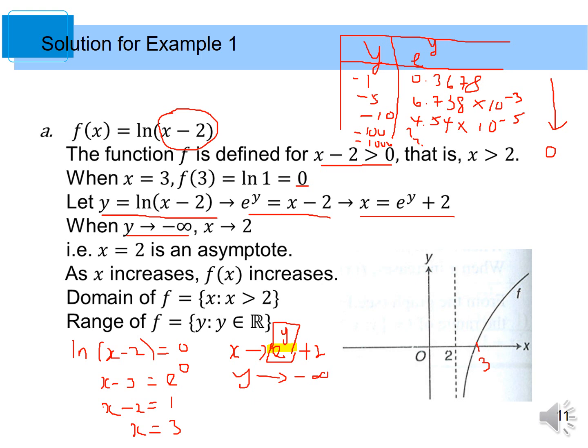So we can write x tends to 0 plus 2, and x tends to 2. So we obtain the asymptote line x equal to 2. So x equal to 2 is a vertical asymptote, and it is a barrier. The curve cannot touch it.